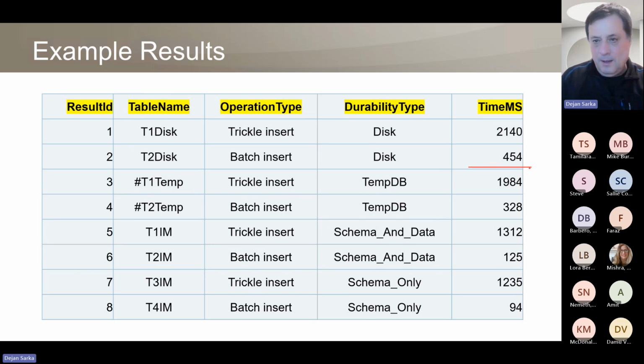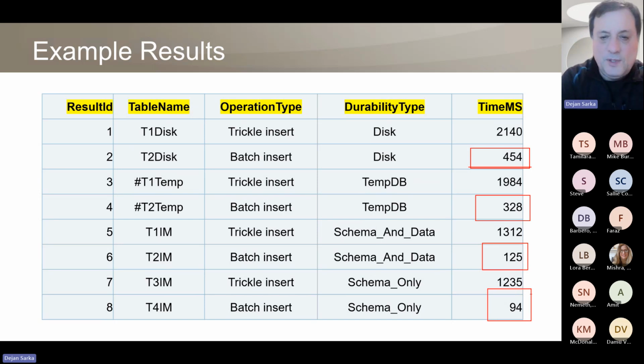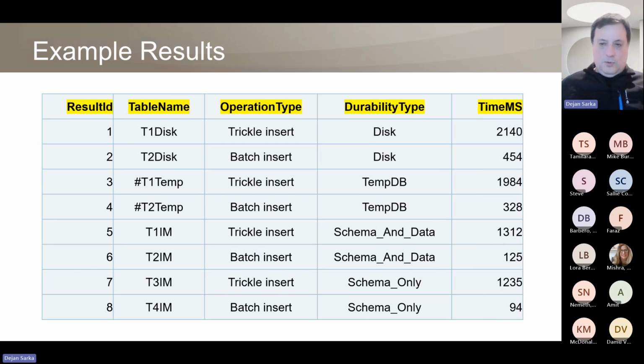Then we have immediately much lower numbers, and definitely if you look at the last number, minimally locked batch insert in the in-memory table without data hardened on disk, with schema only, we came to less than 1/20th of the initial time, from more than 2 seconds to 94 milliseconds for inserting 100,000 rows.